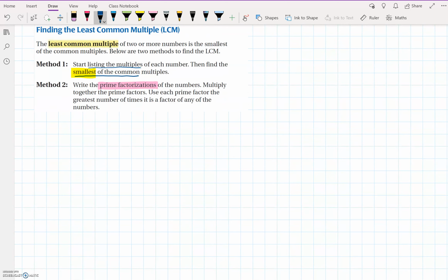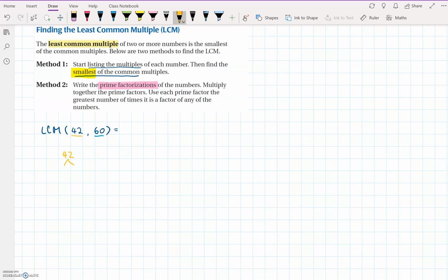I would like you guys to find the least common multiple of 42 and 60. What is the least common multiple of 42 and 60? Well, to start, I'm going to find all of their prime factors.